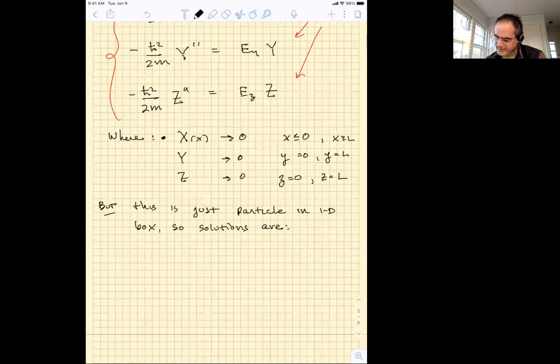So in particular, the solutions are x of x is equal to some constant, let's call it a, times sine of n. Let's write it this way. n sub x pi x over L. Okay?